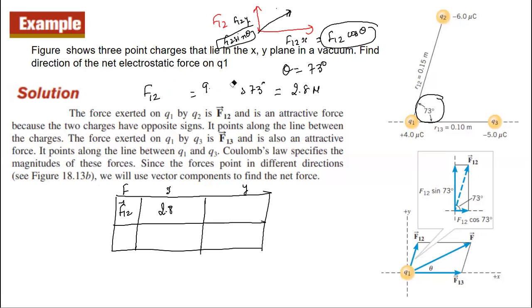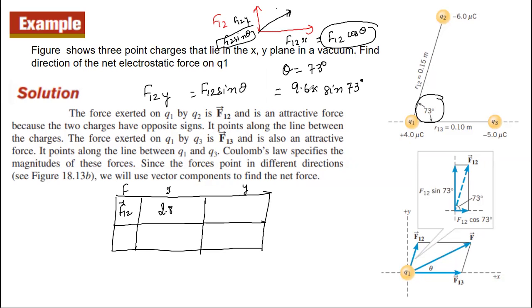And similarly, you can pause here. Go ahead and find the y component. What would be the y component of this force vector? Because it has some component along the y-axis as well. So F12 y component will be given as F12 sine of theta. F12 is 9.6, do you remember? And then sine 73. Let me plug in these numbers in the calculator.